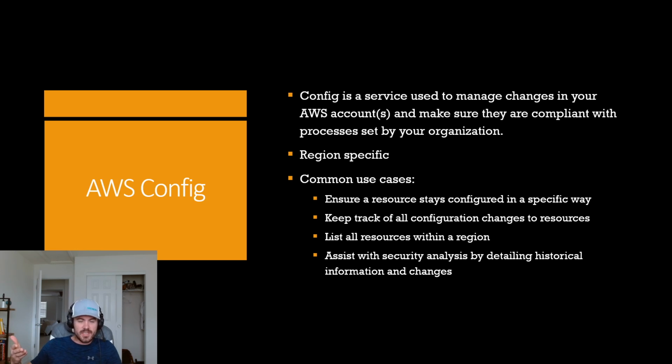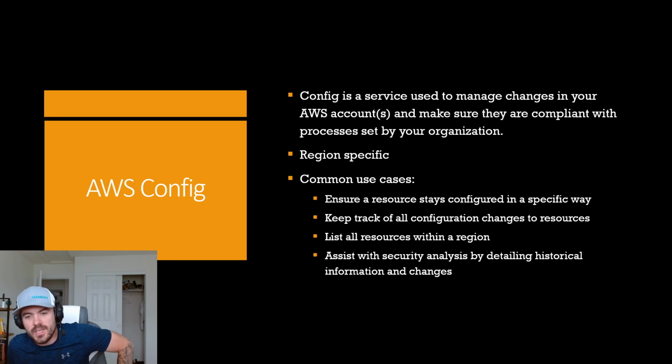But some common use cases that you might consider AWS Config for are to ensure a resource or specific resources stay configured in a specific way. Again, maybe you have certain compliance requirements that your company or organization needs to meet. You can use Config to keep track of all configuration changes to your resources. It'll create a history of changes so you can see what was done.